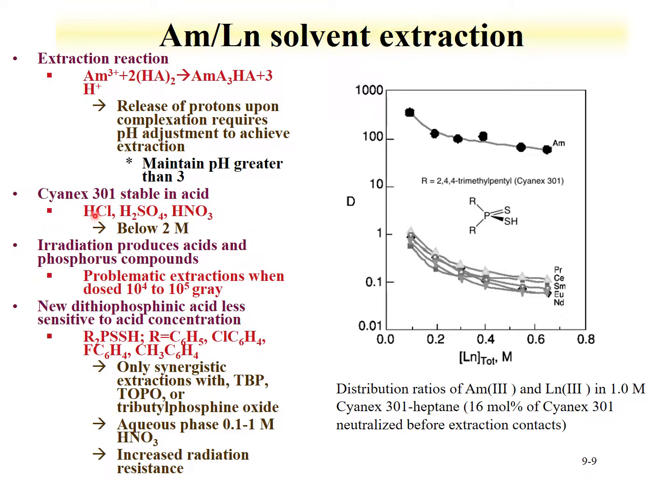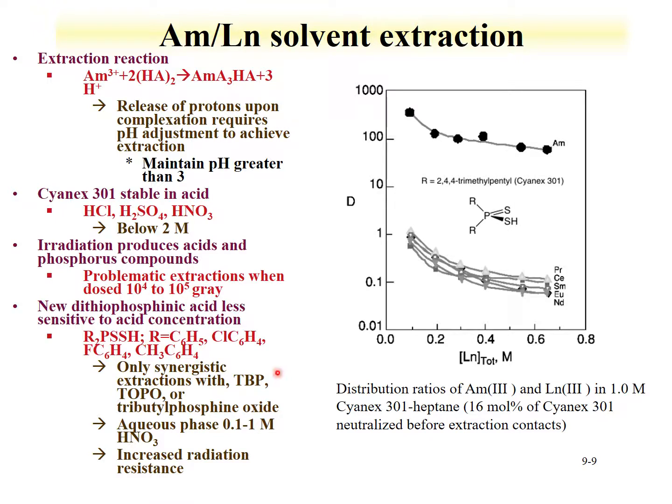Irradiation studies have also been performed with phosphorus compounds, and extractions start to become problematic at relatively high doses. And this has led to the synthesis and characterization study of other phosphonic acids that tend to be less sensitive to the acid concentration, less sensitive to radiation and hydrolysis effects.